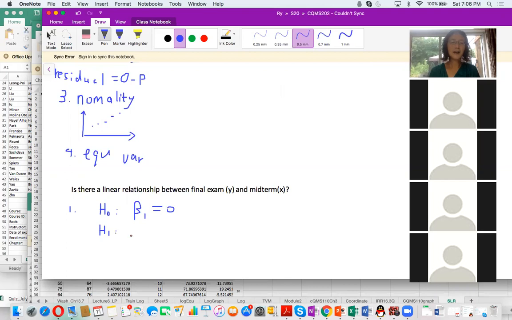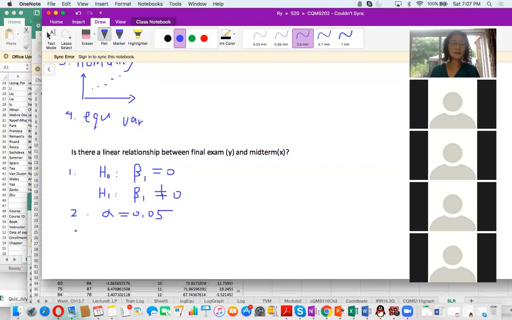An alternative hypothesis means beta 1 not equal to 0. Beta 1 not equal to 0 means there is a linear relationship between X and Y. Okay. So that is step 1. Step 2, specify alpha, usually 0.05. If it is not given, you assume 0.05.